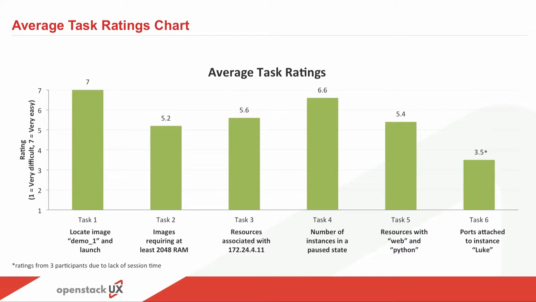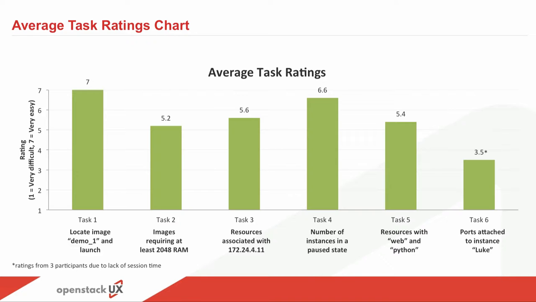This slide shows a comparison of all the average ratings for the tasks. You can see task 1 was rated the highest, with all participants giving it the highest possible rating of a 7, and the lowest average rating was for task 6.